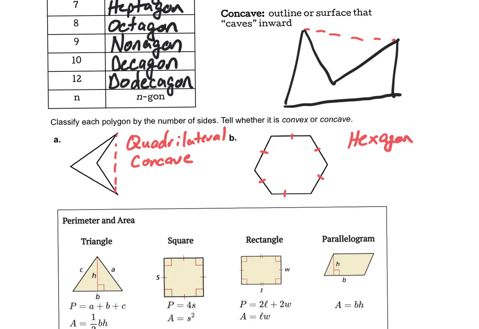And this one is convex. If I connect all of these vertices together, all of them are going to be connected on the inside. There's no vertices that I can connect that would be outside of the figure. So all of the segments are flexing out.